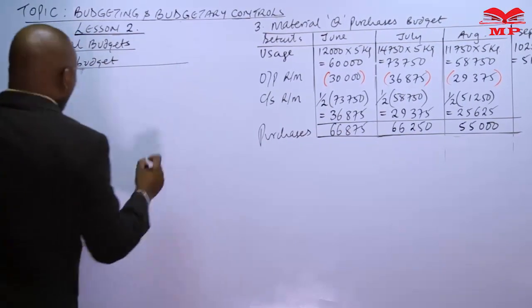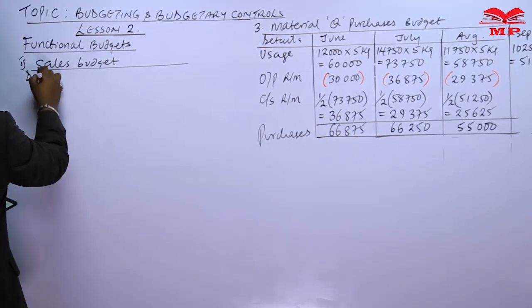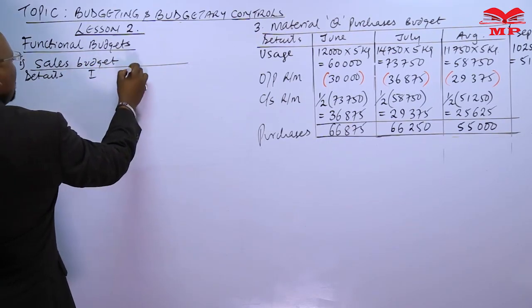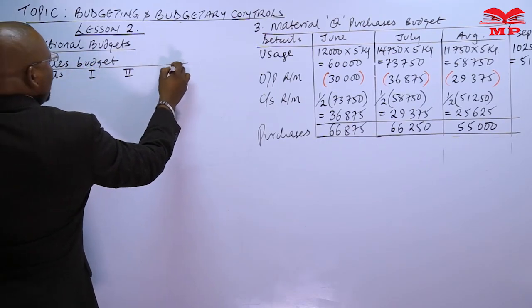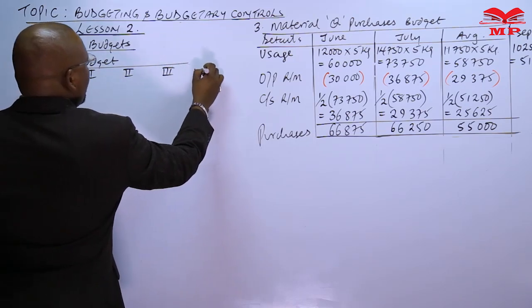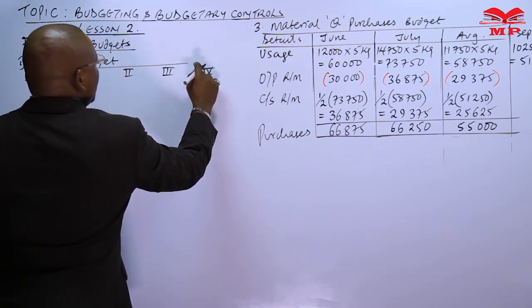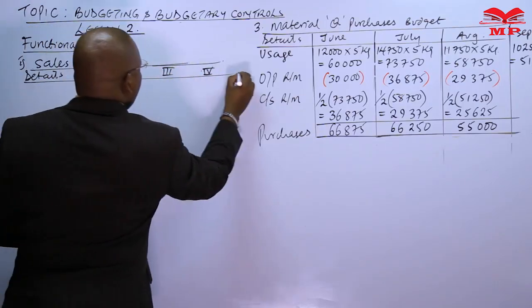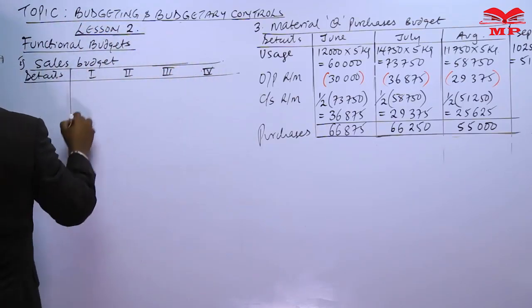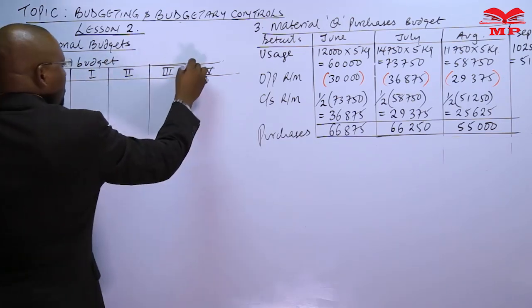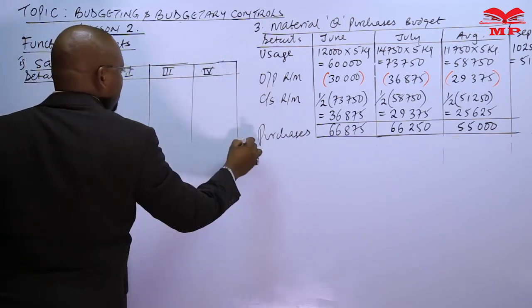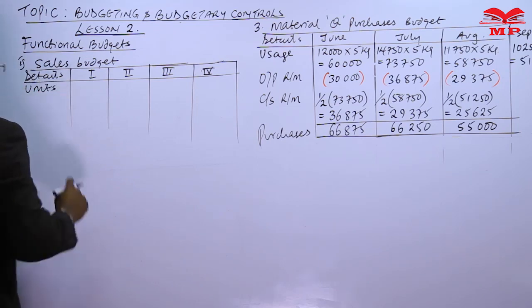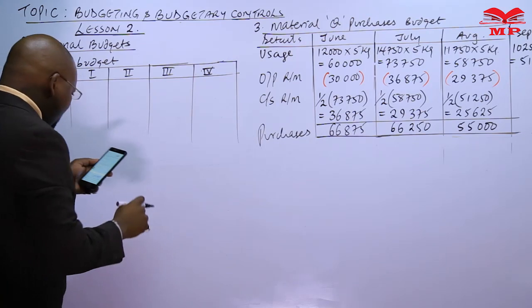We have been told 4 quarters, so this is in detail. We can have quarter 1, quarter 2, quarter 3, and quarter 4. So we have the units.